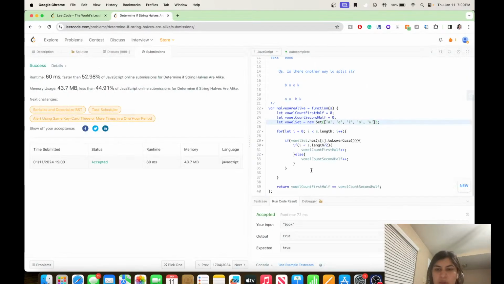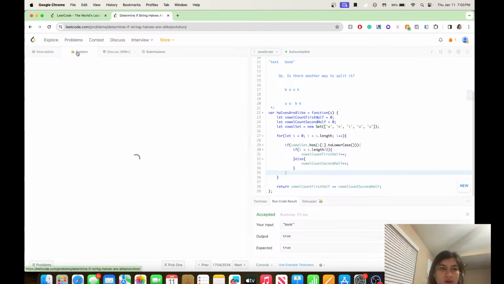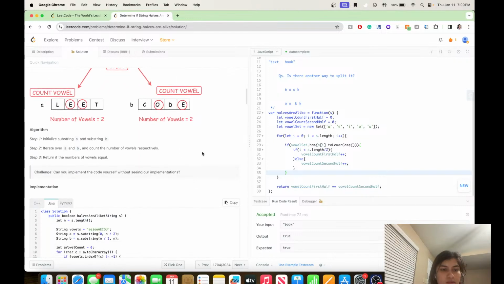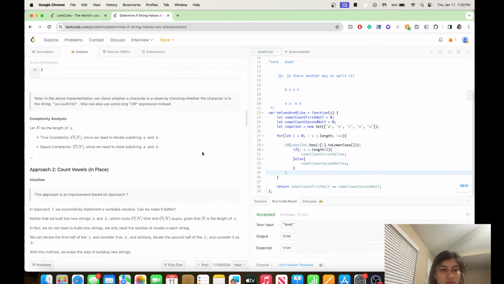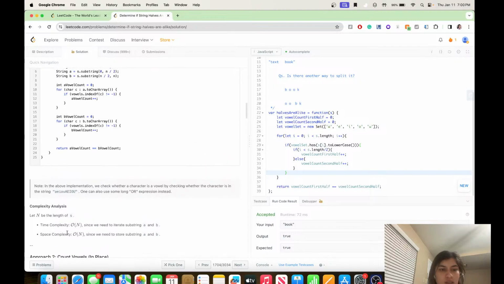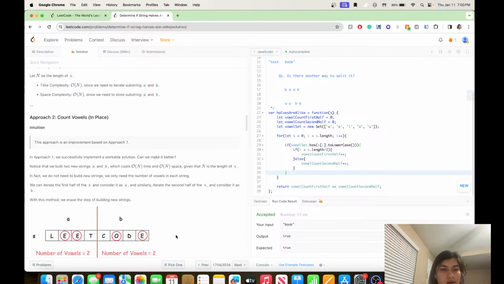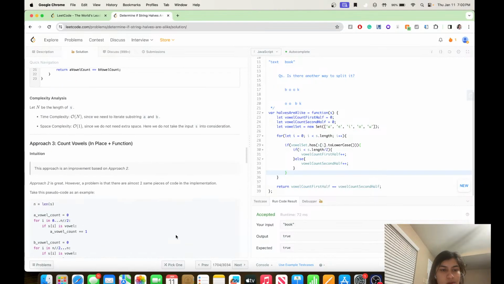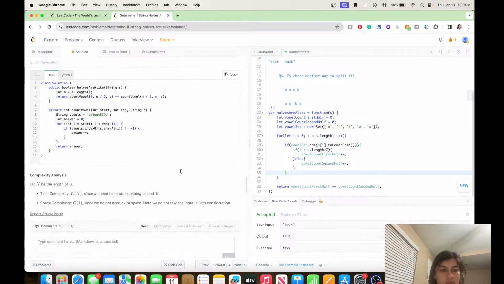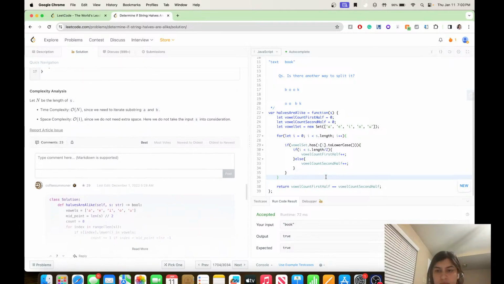Got accepted. But it looks like there is an even better solution. Count vowels in place. So time complexity is O(n) and space complexity is O(n).